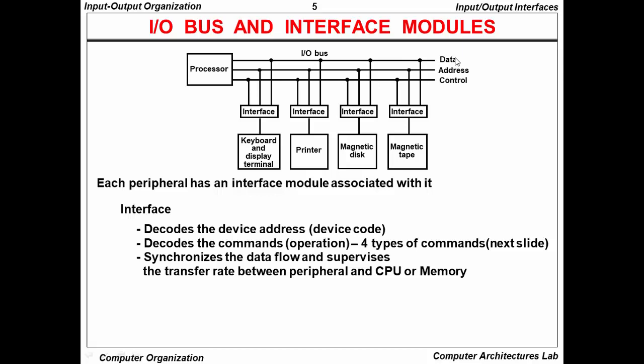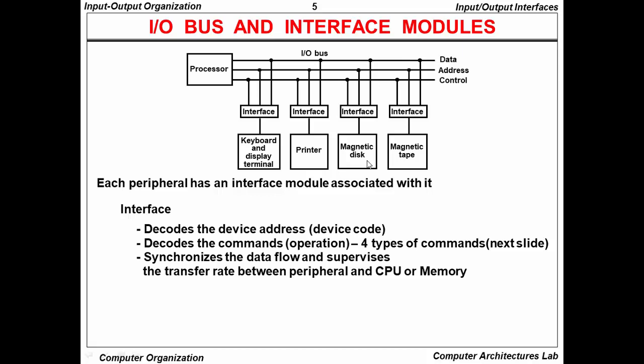So in a general scenario, let's assume that this is the processor with three common buses, and there are four peripheral devices. Let's say a keyboard and display terminal, which is a peripheral device, the printer, which is an output device, and magnetic tape. These are all different peripheral devices. Let me give you an example.